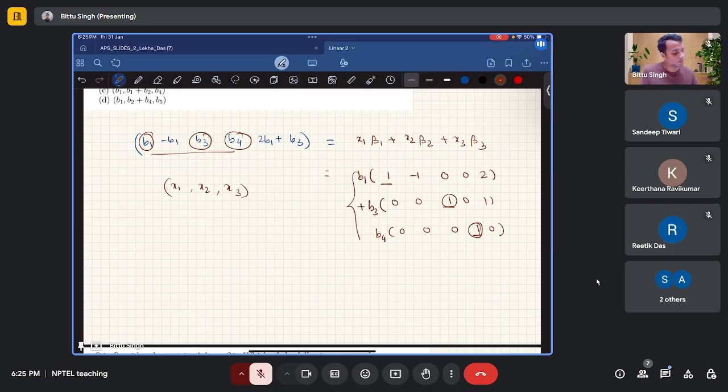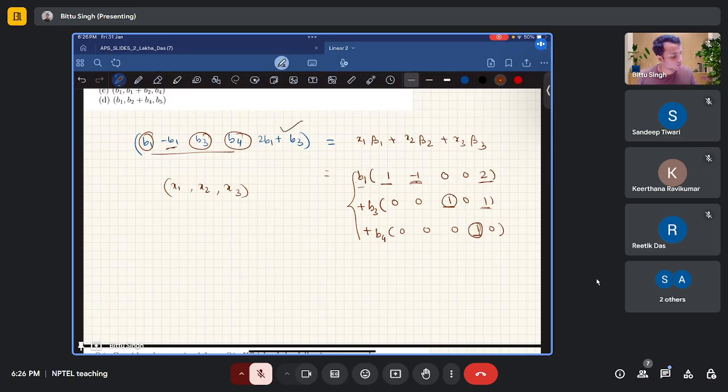If it can be written as a linear combination of those things, then it must satisfy this relation. But is it true? You can easily check. Then the second entry will be minus b1, which is true, and the fifth entry is 2b1 plus b3, which is again true, right?